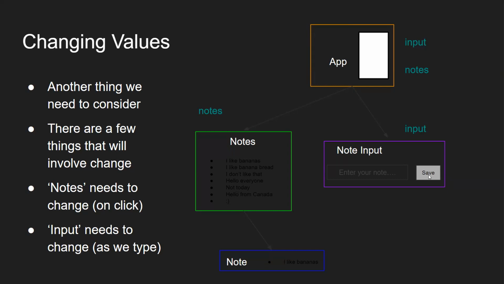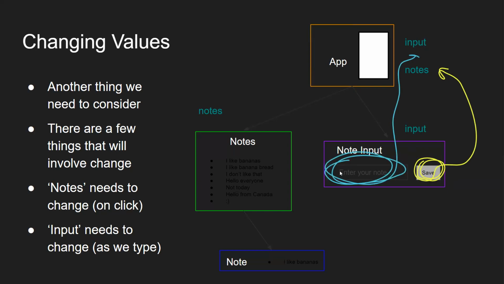Everything is built into React in terms of how we make our components, and we'll see that shortly. This yellow arrow signifies that when we hit save, we want to update our notes. And as we type the note, we want it to update the input.